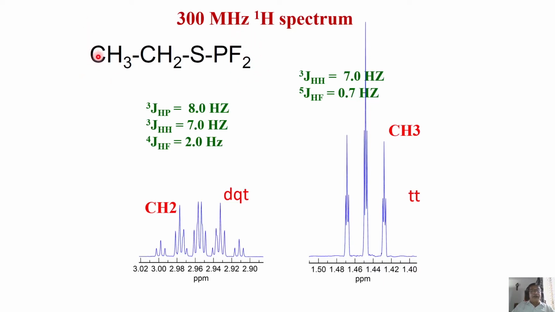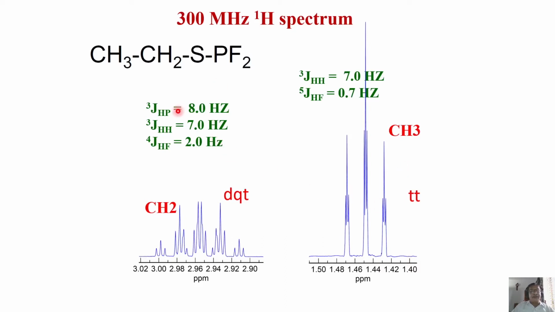So this is 1, 2, 3, 4, 5 bond coupling. Five bond coupling of these CH3 protons with two fluorines which are equivalent gives rise to a triplet of triplets. Remember, they are magnetically equivalent. You apply the 2nI plus 1 rule. The triplet, because of this CH2, and now because of F2, each line of this triplet is an additional triplet. So this is a triplet of triplets you are going to get.